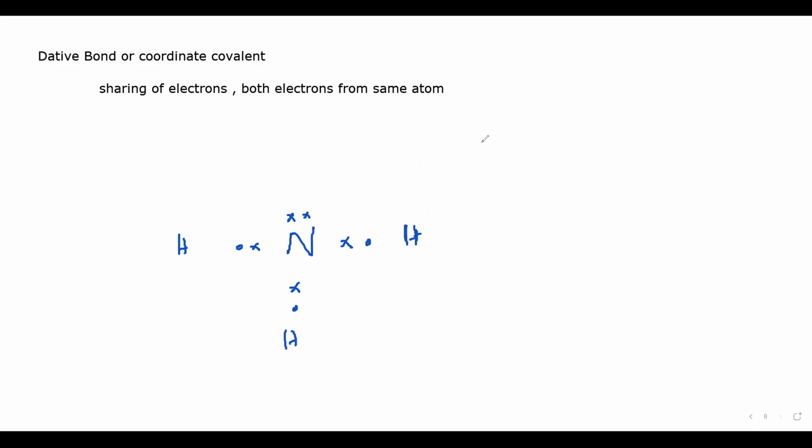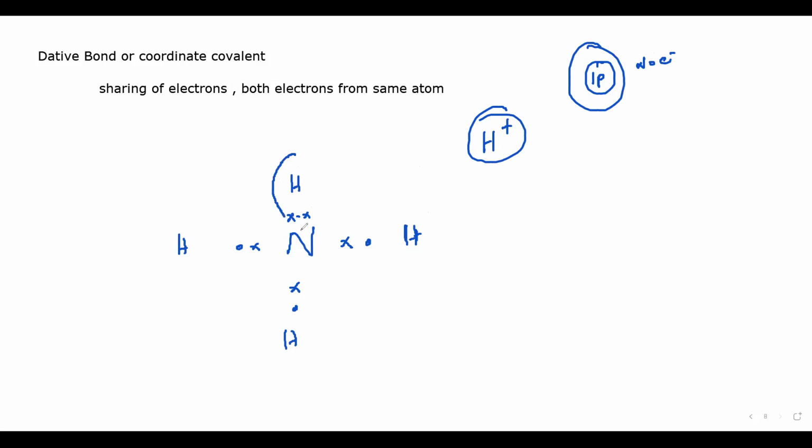But what happens if there is a proton in the region? A proton, H plus, means only one proton. It does not have any electron. So this proton adjusts with the lone pair of nitrogen.